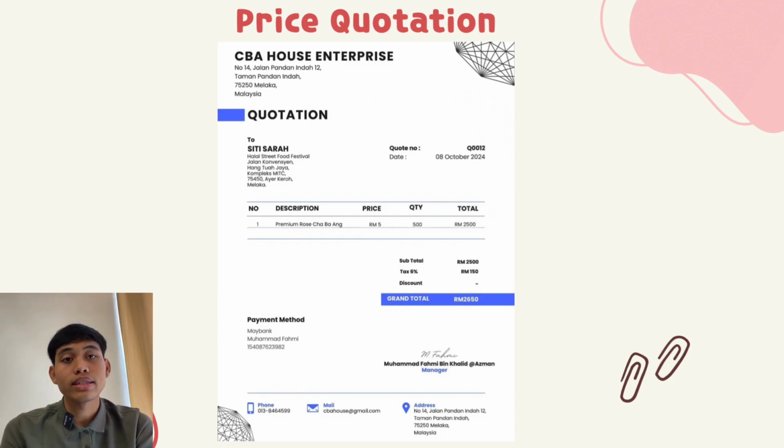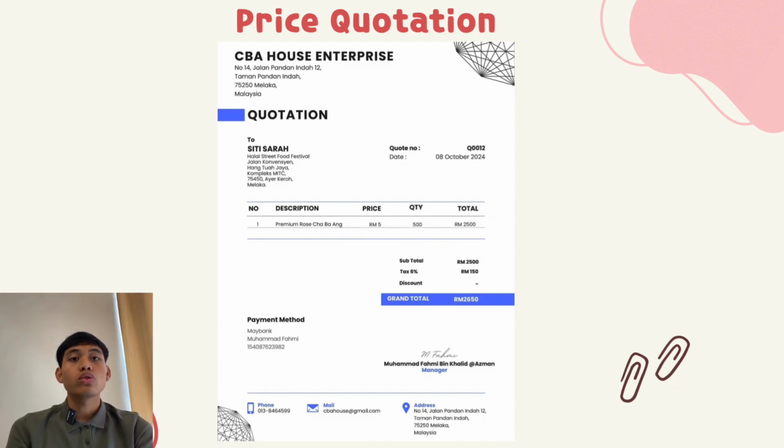So we select our product, which is premium roast cabang, and our price per unit is RM 5. The request for the Halal Food Festival is 500 cups, and after that we calculate by times 500, we get RM 2,500 for 500 cups of premium roast cabang.